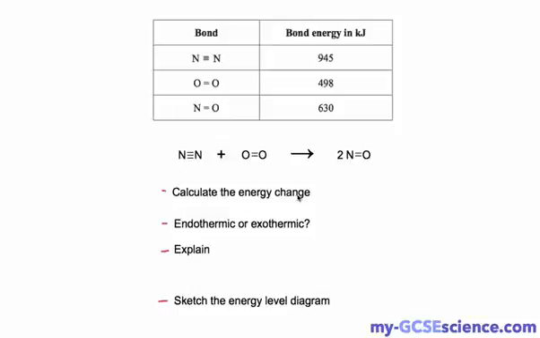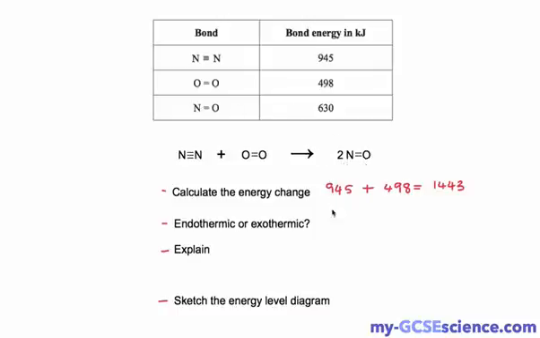So to calculate the energy change, we look at the nitrogen and the oxygen. The bond energy for the nitrogen is 945, and for the oxygen is 498, and that gives us an answer of 1443. And in terms of the energy released from producing new bonds, that's 2NO.